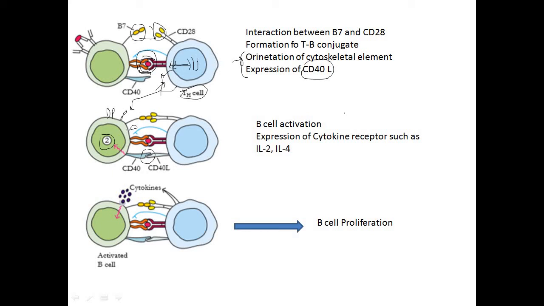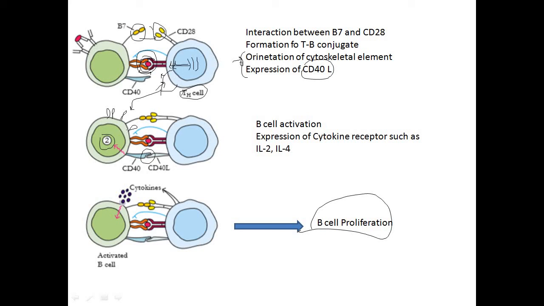Okay, so what will happen after this? The cytokine receptor will bind the cytokines. Binding of the cytokines to the cytokine receptor will lead to proliferation of the B cell. The B cell will start dividing.